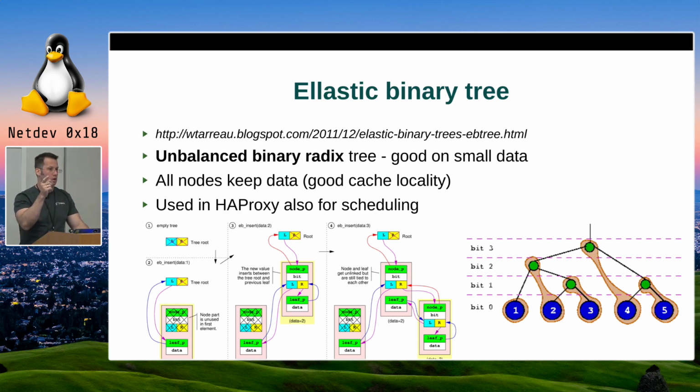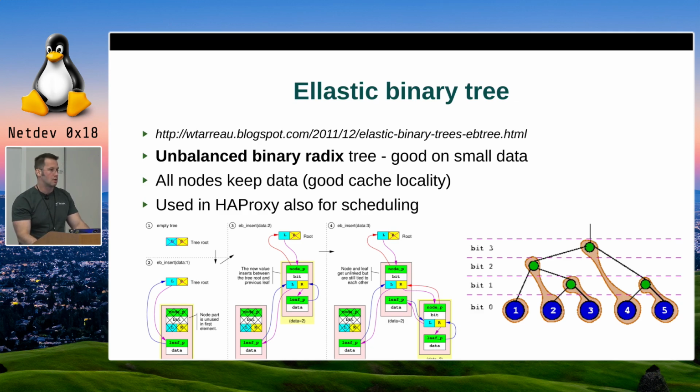So each layer of the radix tree essentially moves to the left branch or right branch based on the current bit. So for a key of 32 bits, it has 32 levels. It's essentially imbalanced, and another property is that it's an intrusive data structure.